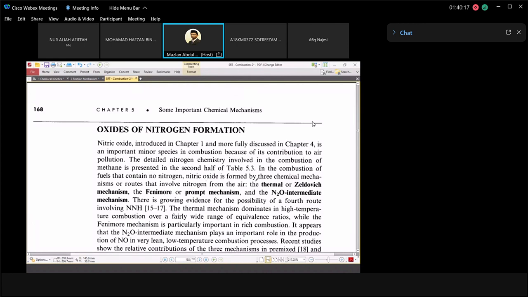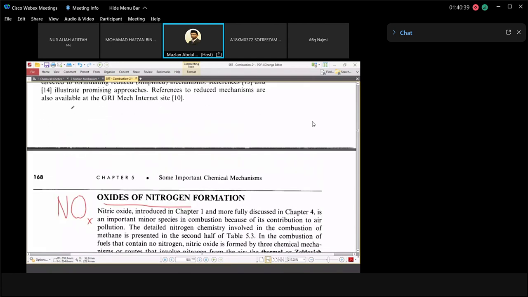Right. Another important mechanism is NOx production. NOx, oxides of nitrogen. Just now we covered H2O2, the first one.